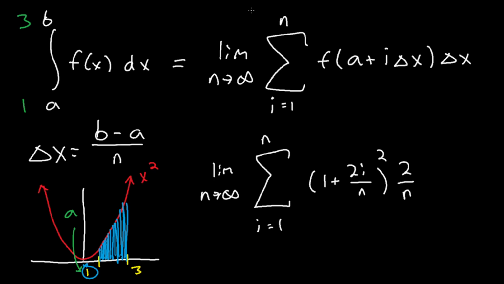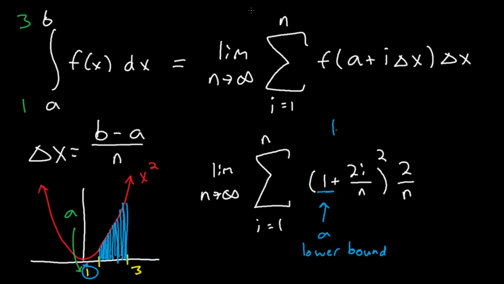Now, basically, if you just want to answer multiple choice questions, I'll give you some tips. The first number here, if you see 1 plus something, this is your lower bound. So this is your a value, the lower bound of your integral. And if you see 2 here, then just add 2 onto your lower bound to get your upper bound.